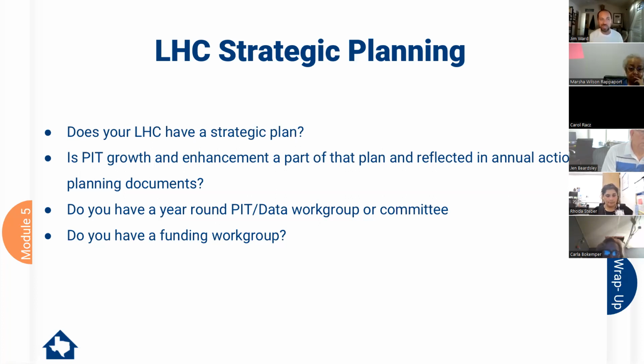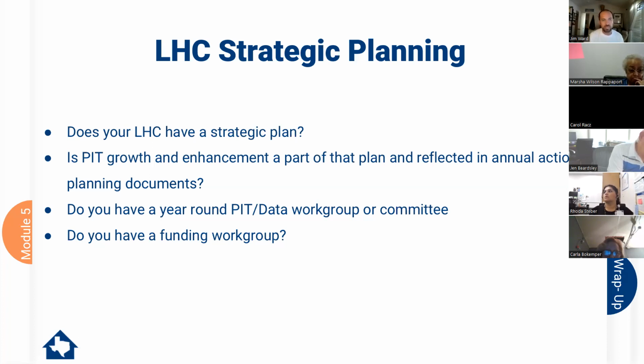So in an annual action plan, sometimes we'll see LHCs do a 3-year strategic plan, and then there will be annual updates to that strategic plan. Our COC, as an example, has a 3-year strategic plan. We're in year 2 of that right now, but there are specific actions focused on how we grow and enhance the point in time count throughout the process. And you can do that a variety of different ways. You can do that through a point in time count or data work group.